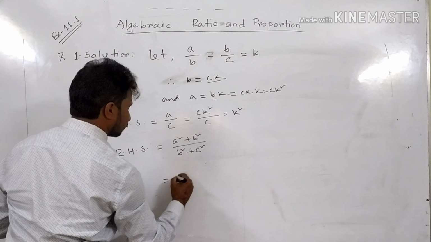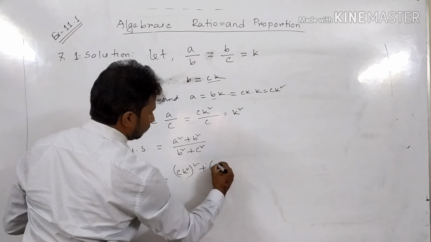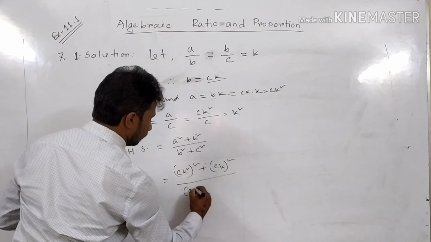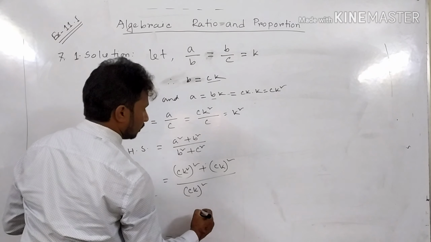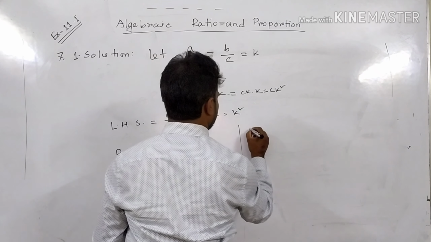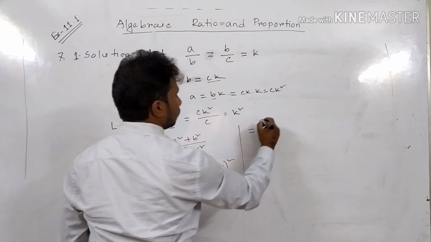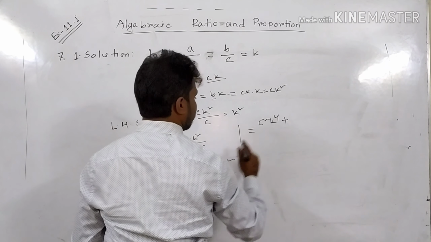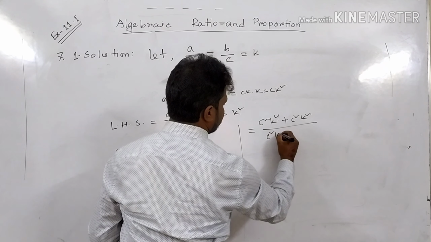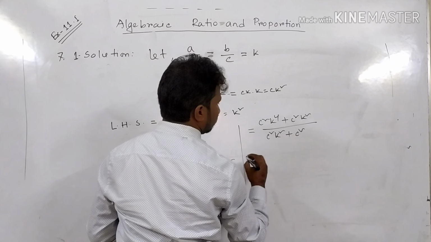The value of B equals CK, so here you will write C square K to the power 4 over C square K square, plus C square.